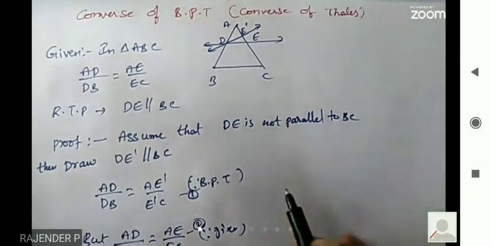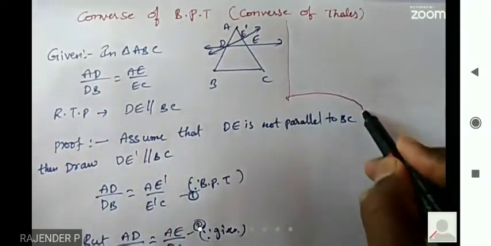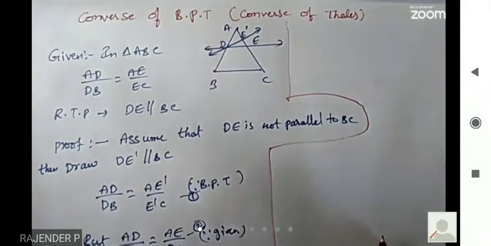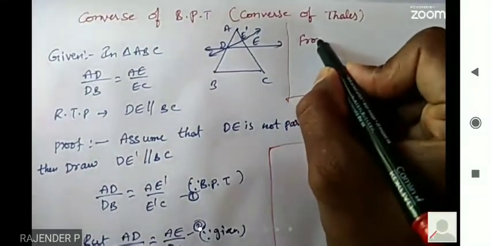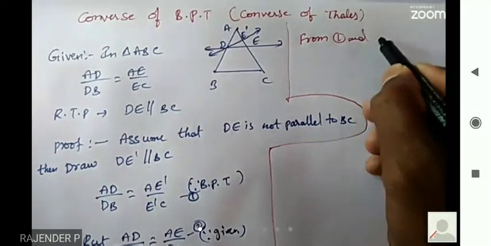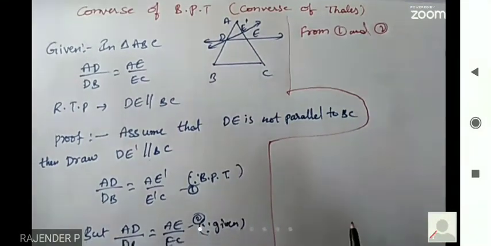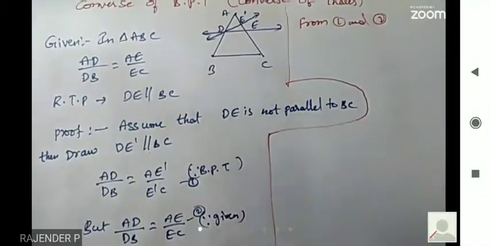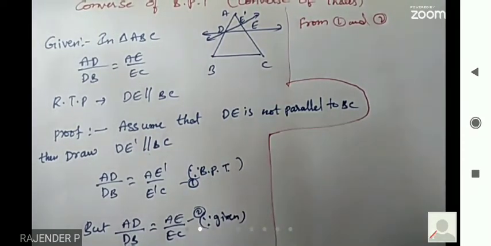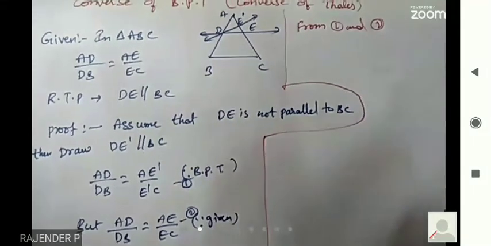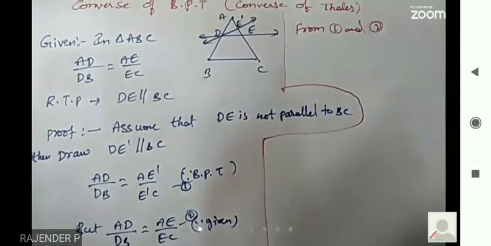So from 1 and 2, the LHS are equal, so we can equate the RHS.